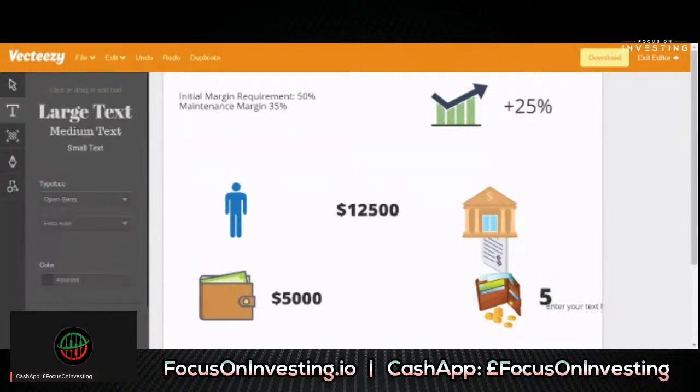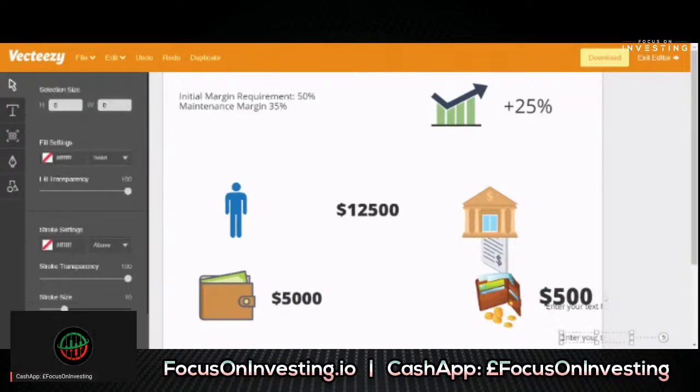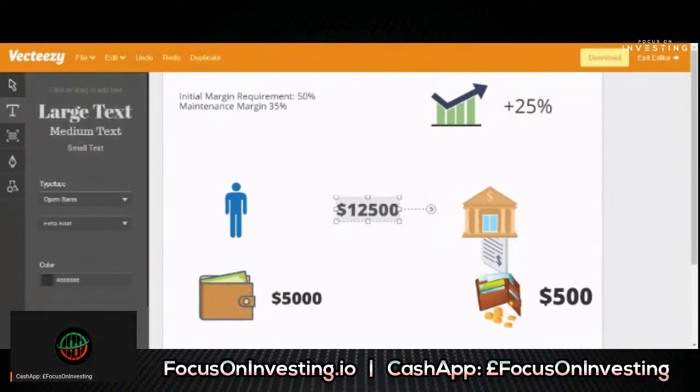So the broker would then get their 5,000 back. Also, don't forget they would have made fees from that. So now you would be down to $7,500, right?